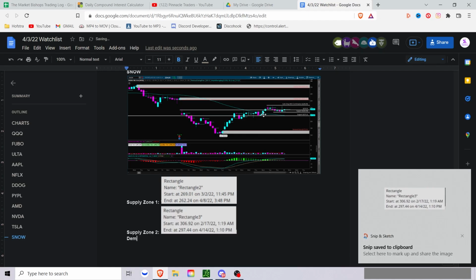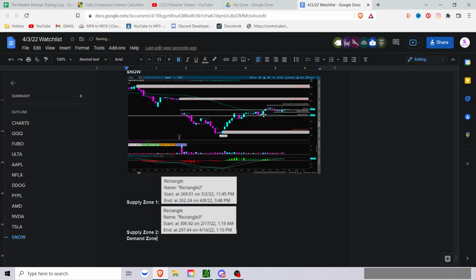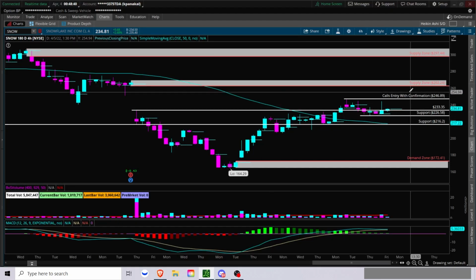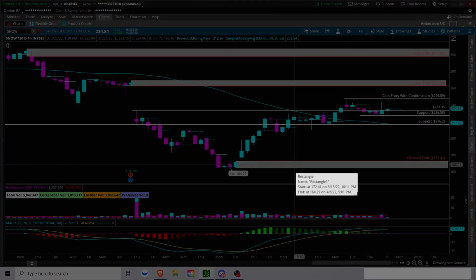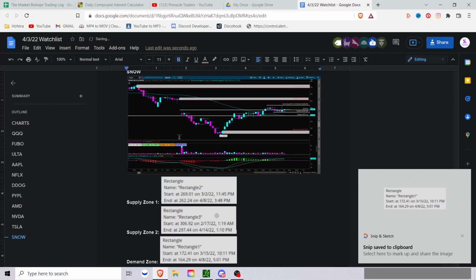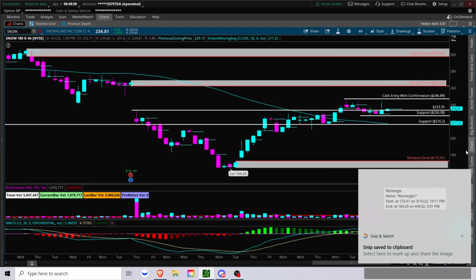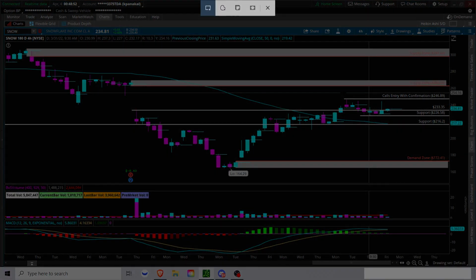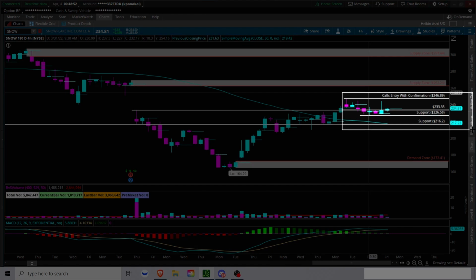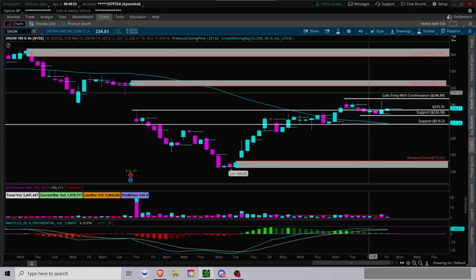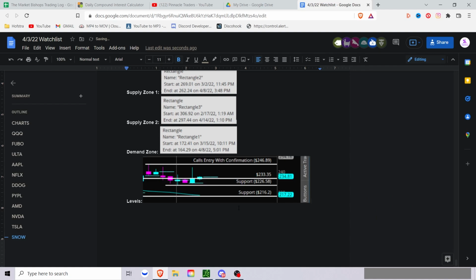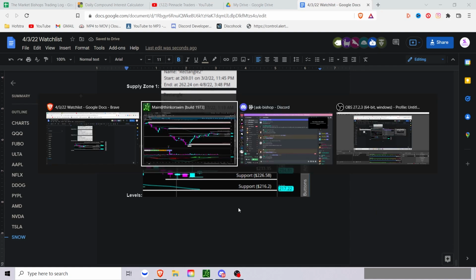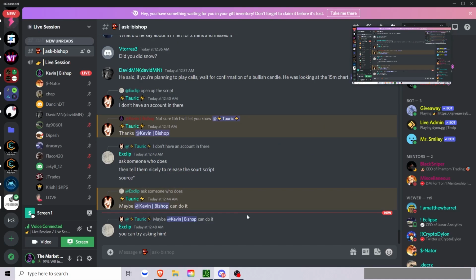Then we have a demand zone, which is from 167 to 164. Then we have these support and resistance levels. There we go. But yeah, that's basically it.